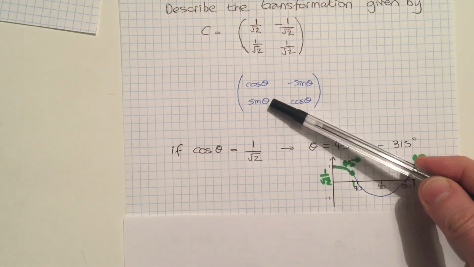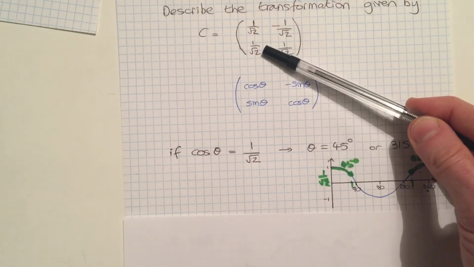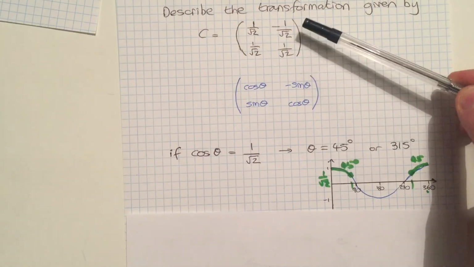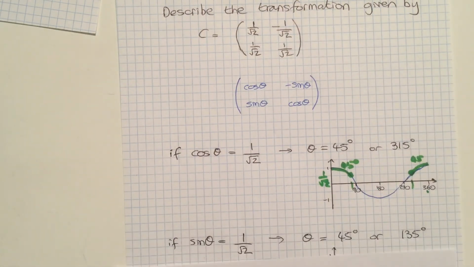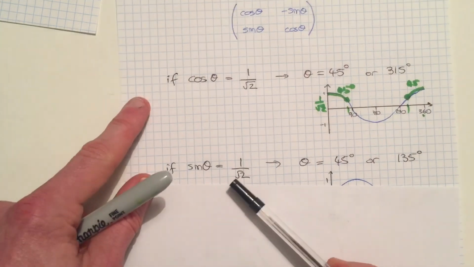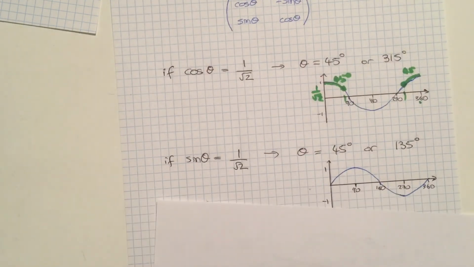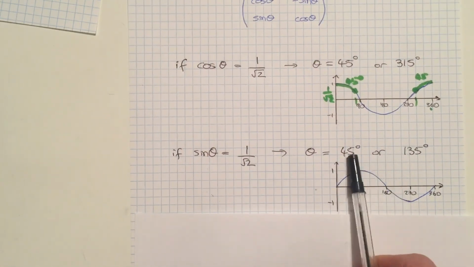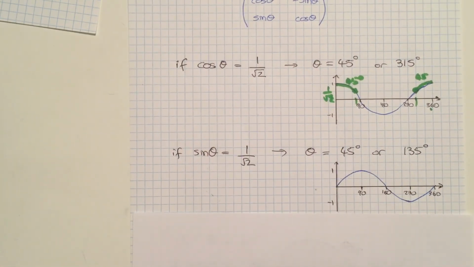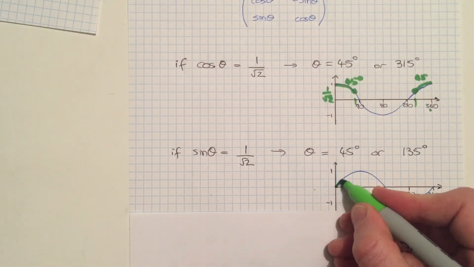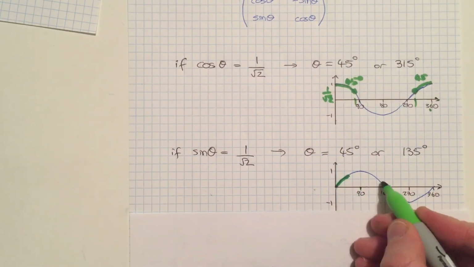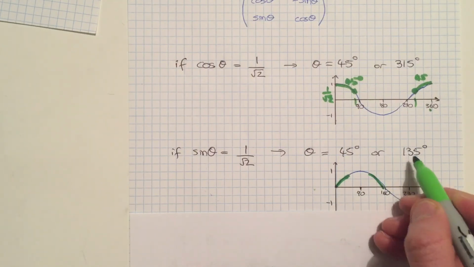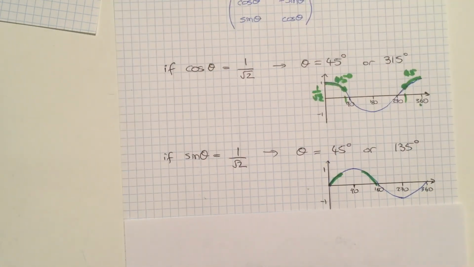I'm then going to check the sine theta, because I know sine theta has to either equal 1 over root 2 or minus sine theta has to equal minus 1 over root 2. So in either case there, they will both simplify to give this. And then if I do inverse sine of both sides, the calculator will tell me the principal value of 45. But I know from the symmetry of the sine graph, if that's 45 here, I know there'll be another solution here, taking away 45 from 180, which gives 135.